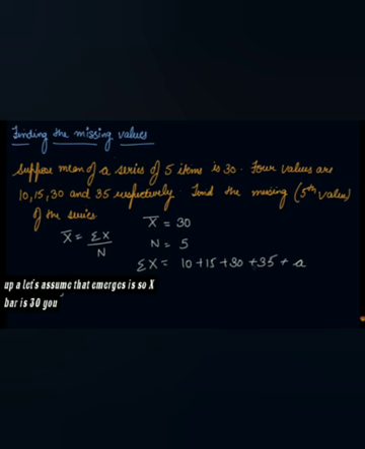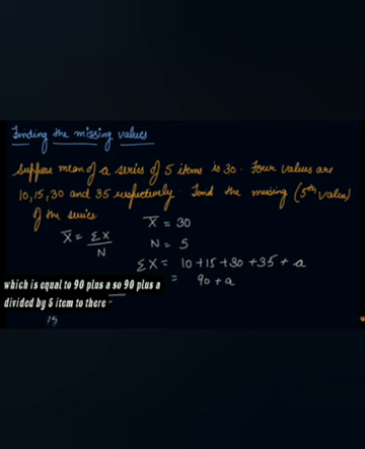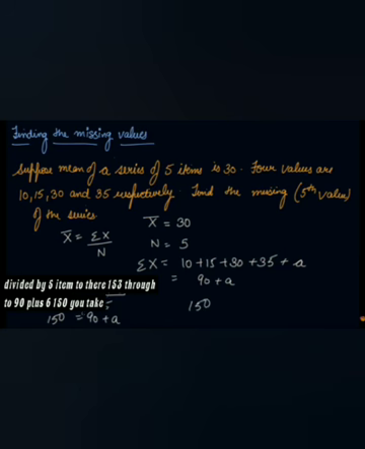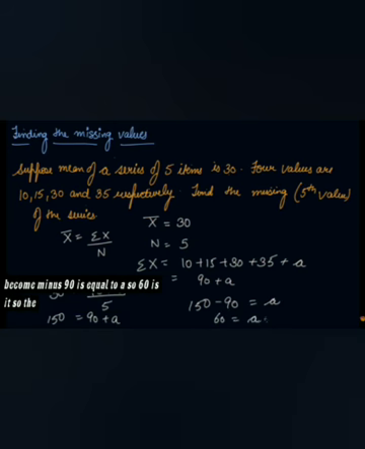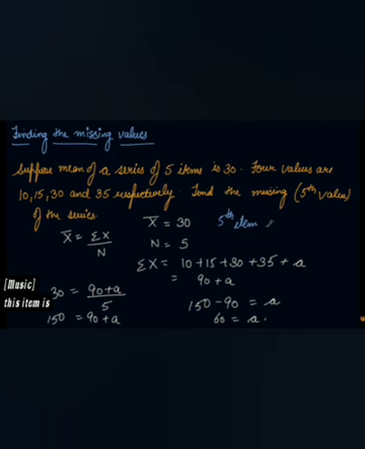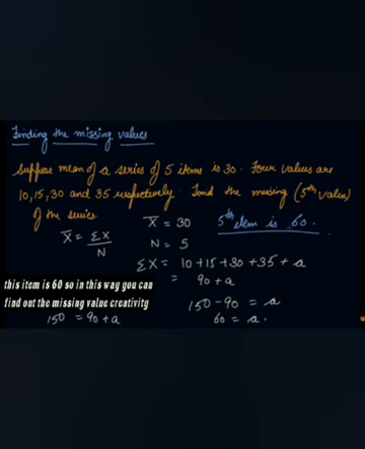Summation x is equal to 90 plus a. So 90 plus a divided by 5 items. So 150 is equal to 90 plus a. You take 90 to this side, it will become minus 90, so a is 60. So the fifth item is 60. In this way you can find out the missing value if you are given the mean.